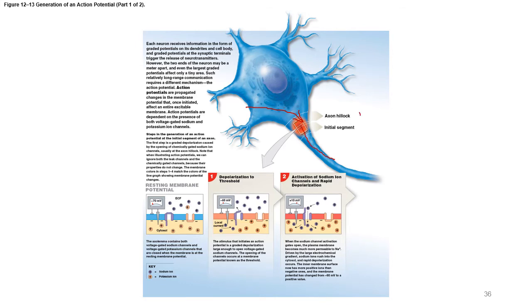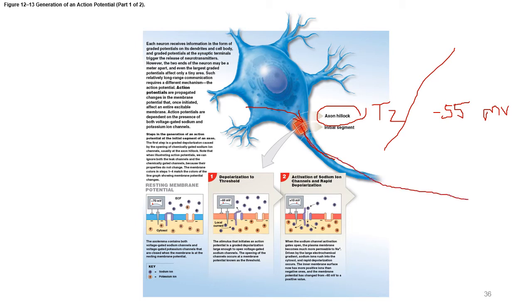So sometimes the axon hillock is called the trigger zone. And at the trigger zone, it must depolarize to threshold, and threshold is -55 millivolts. So the trigger zone has to be depolarized to -55 in order to generate and propagate an action potential all the way down.